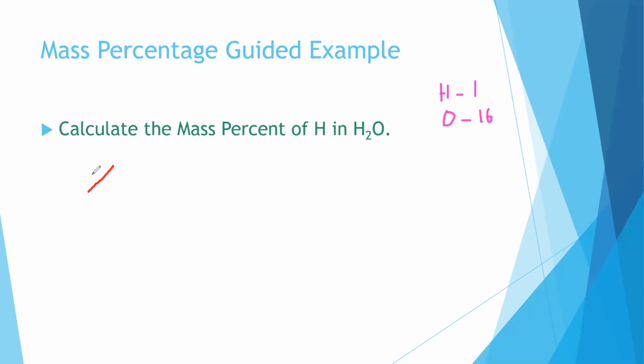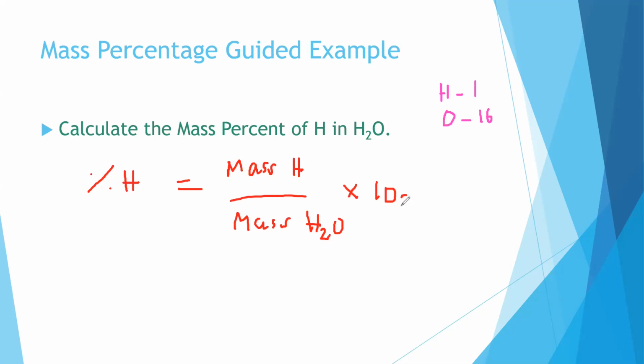So the percent hydrogen by mass is the mass of hydrogen over the mass of water times 100. Then what we have to do now is determine the mass of hydrogen and the mass of water.